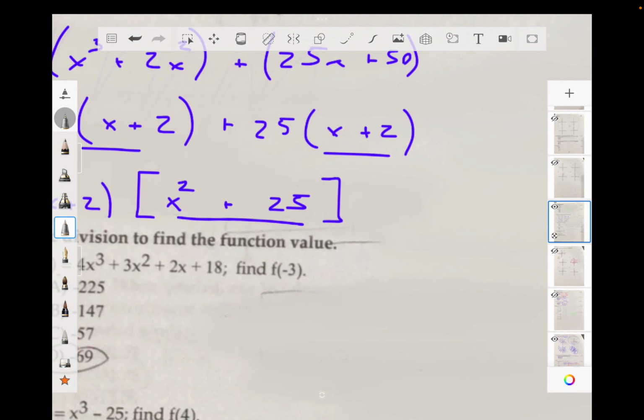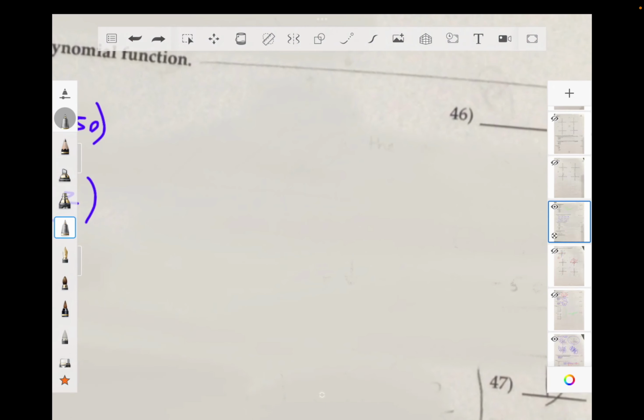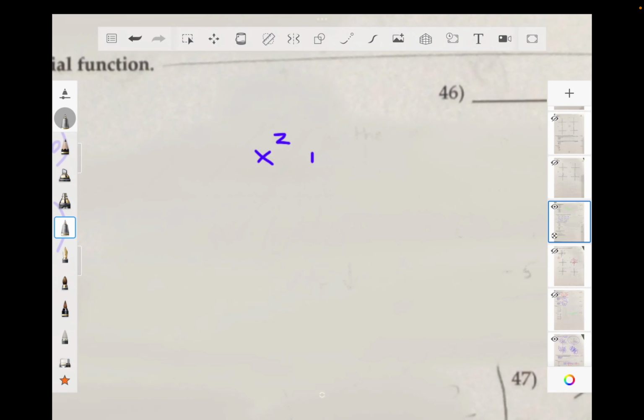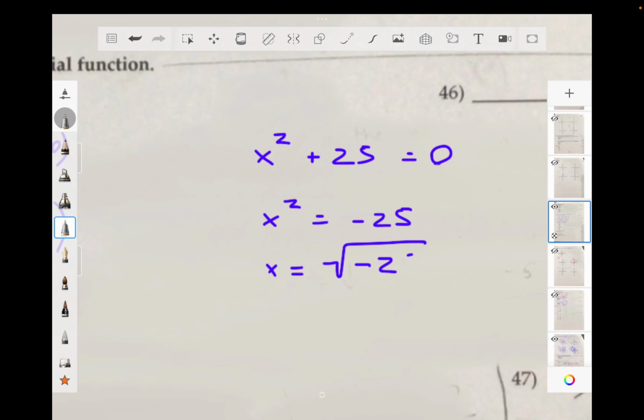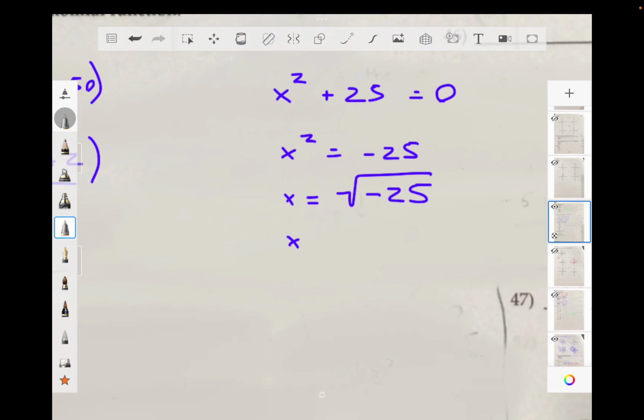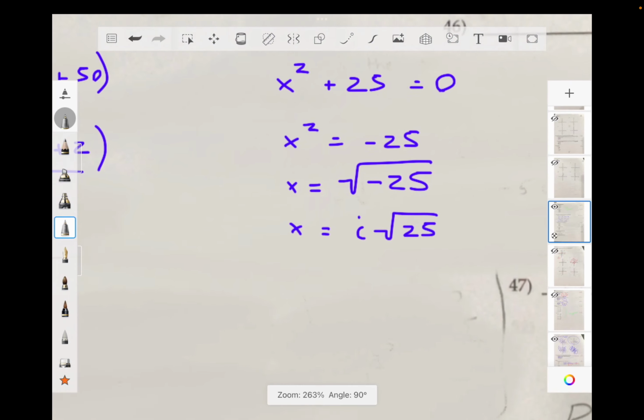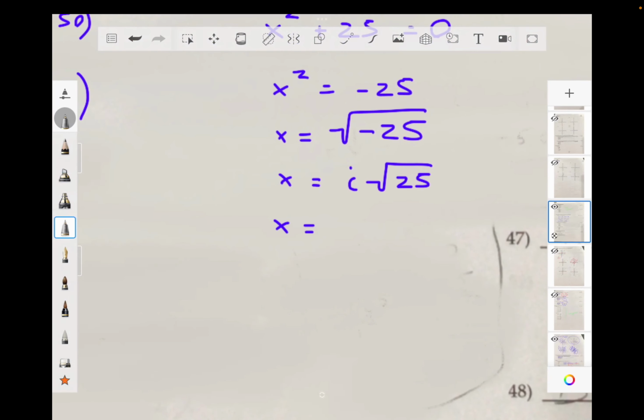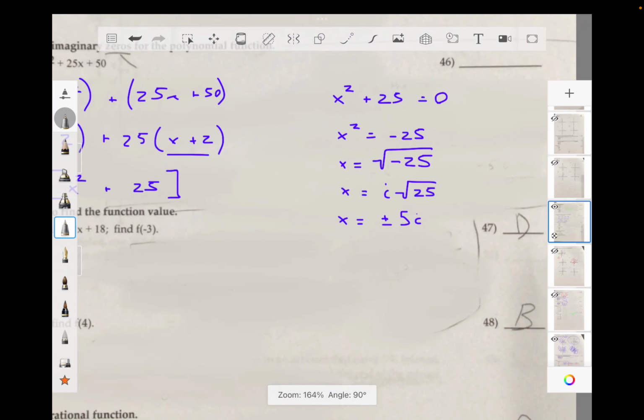We could set this one equal to 0. So let's just separate it. So x squared plus 25 equals 0. X squared equals negative 25. X equals root negative 25. X equals imaginary root 25, which of course is x equals plus or minus 5i.